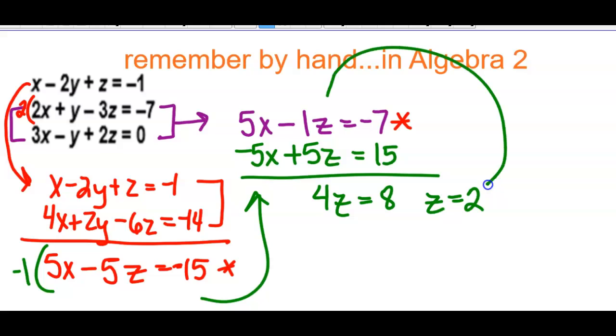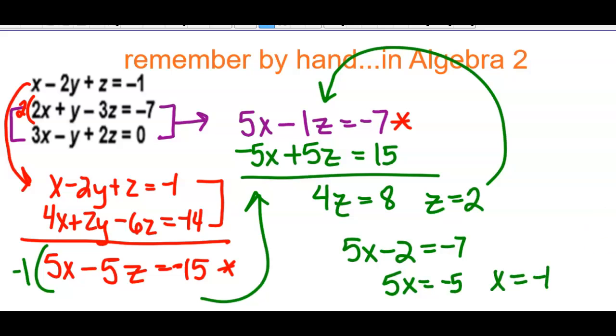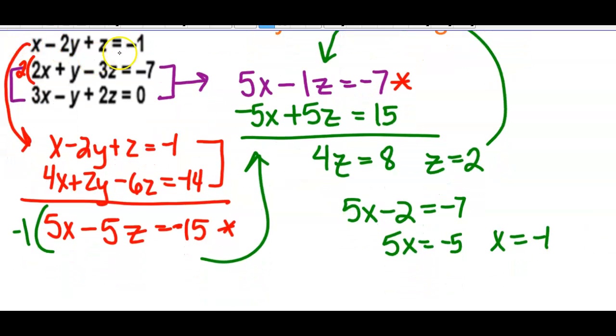Then I can plug that back in somewhere. Add 2 over here. X is -1.